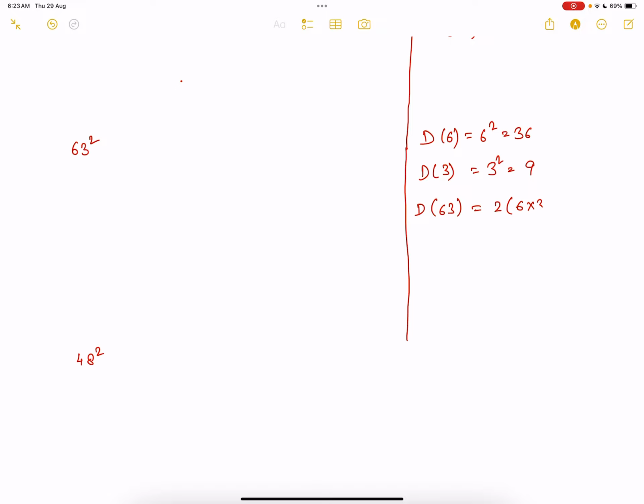Right? Now, duplex of 6 is 6 square, 36. Duplex of 3, 3 square, 9. Duplex of 63 is equal to 2 into 6 into 3, 18.